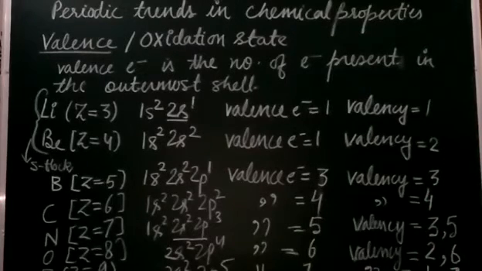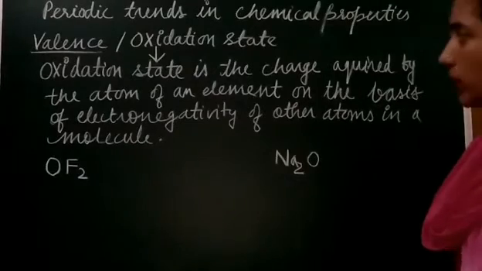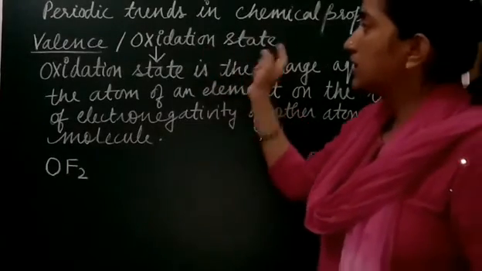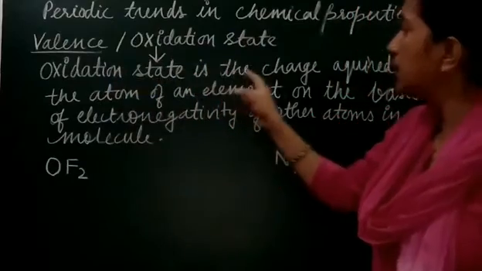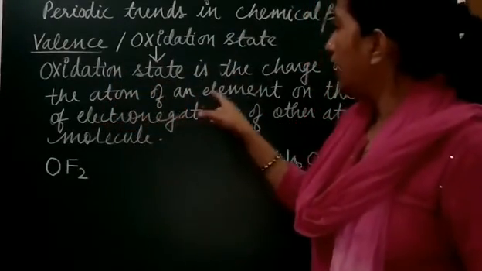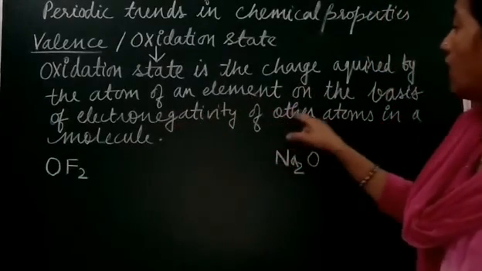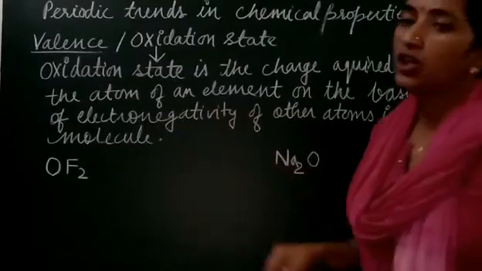We have discussed here the valence electrons and the valency. Now students, we are going to discuss the oxidation state. Nowadays, the term oxidation state is used frequently. Now, what is the oxidation state? Oxidation state is the charge acquired by the atom of an element on the basis of the electronegativity of other atoms in a molecule.